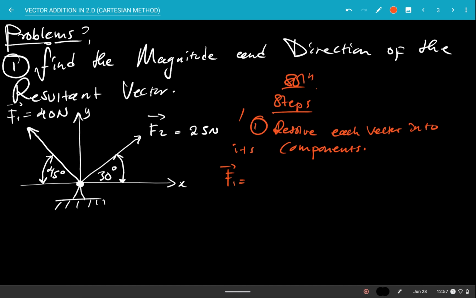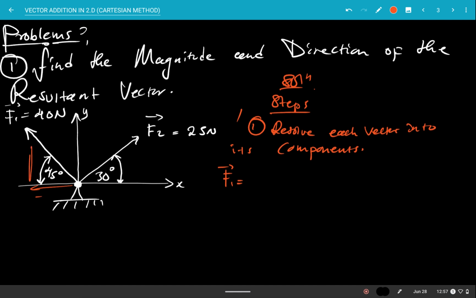Alright, let's resolve. So for F1, remember it's going in the negative I, then going in the positive J. So remember where the angle points, that's why you have sine.